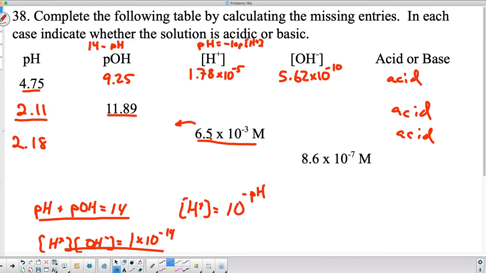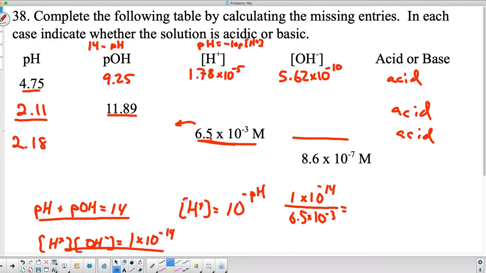Okay, now how do I find the pOH? I take 14 minus this number here. That's it. So pH equals the negative log of the hydrogen ion concentration. Now for this one here, I can very simply take 1 times 10 to the negative 14, like this, and divide it by 6.5 times 10 to the negative third, like that.